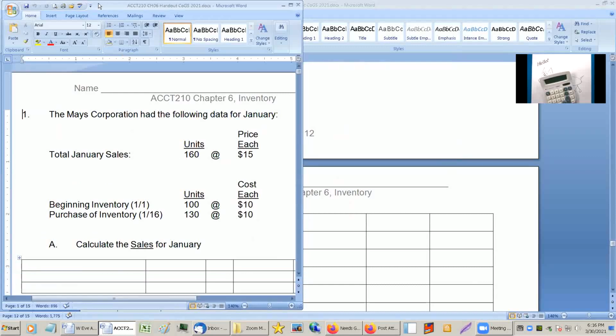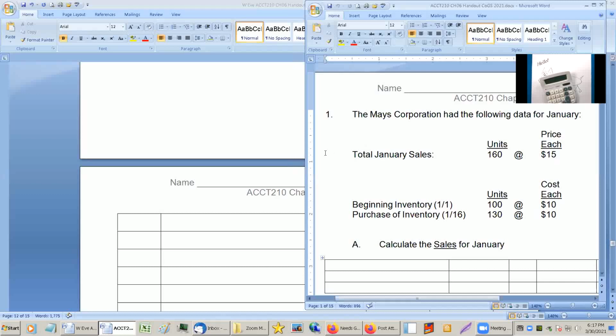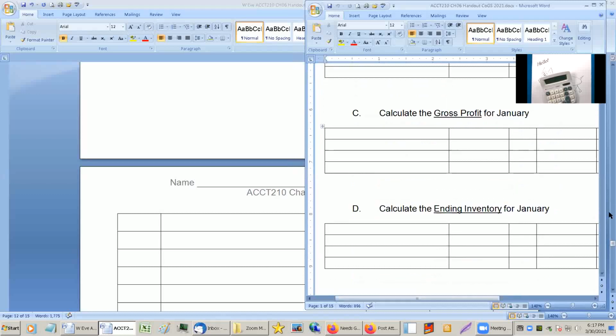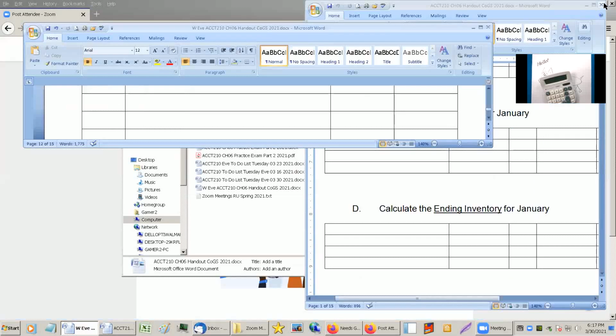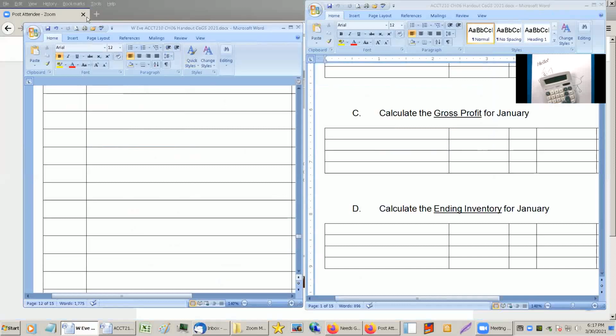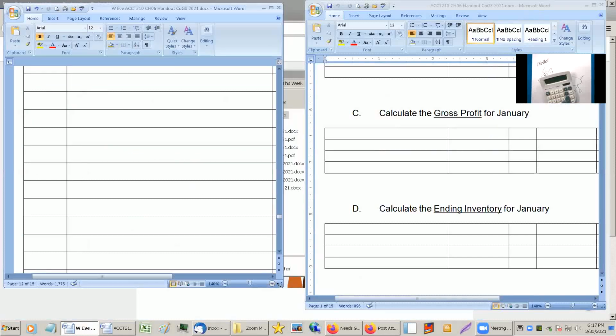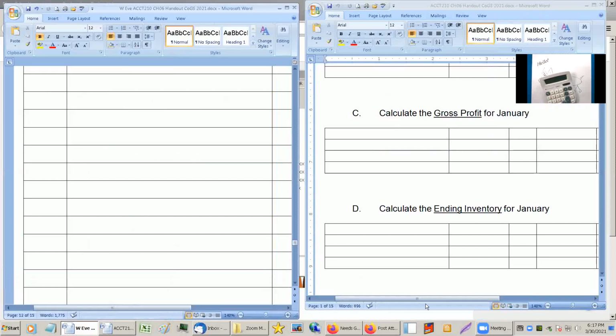Okay, so on this side, I'll do the same thing on this one. I'll get there eventually.